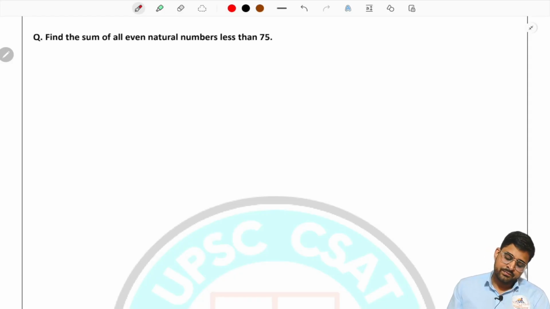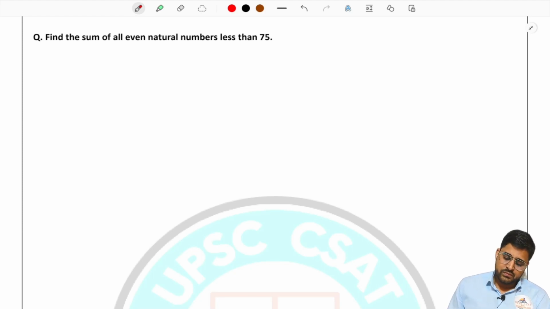Another good question. This kind of question has appeared in examinations, so it's an important type of question you will find in your examination. Please pay attention. The question says, find the sum of all even natural numbers less than 75. All the natural numbers, but the condition is they should be even.